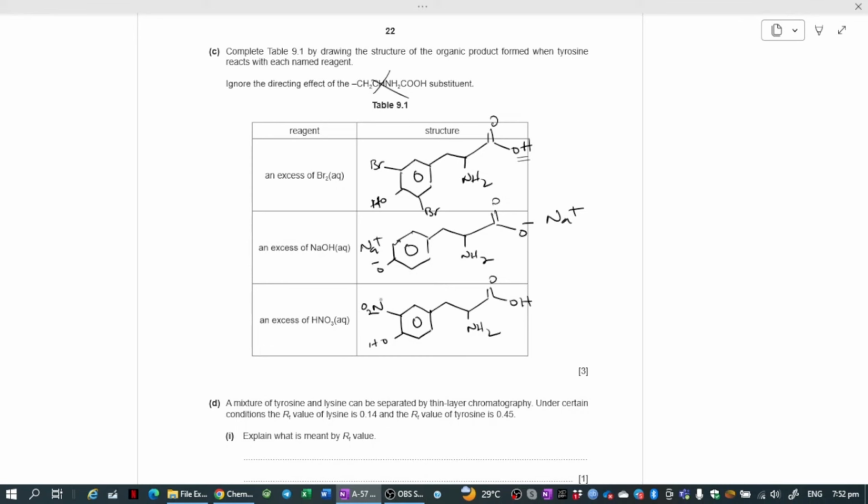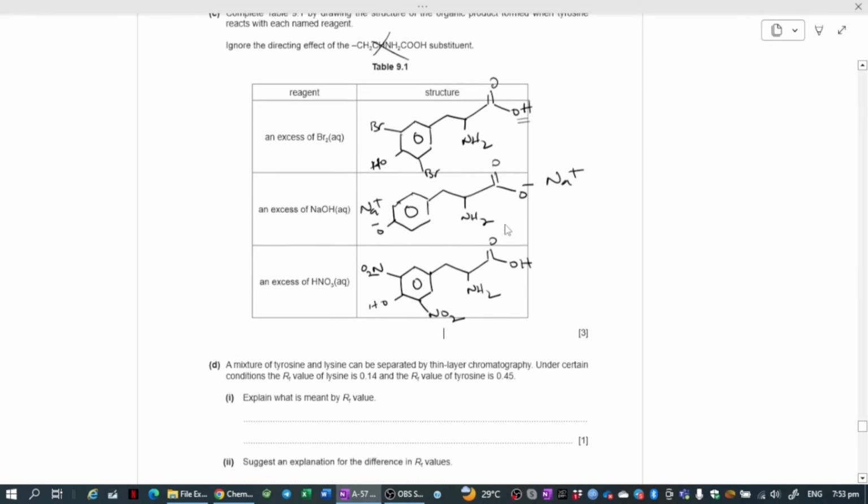If it is concentrated nitric acid, you get nitrations at both the 2 and 6 positions, right? So you could have drawn either product and you should have been fine, right?